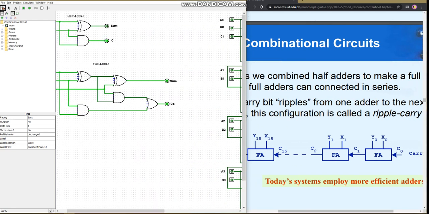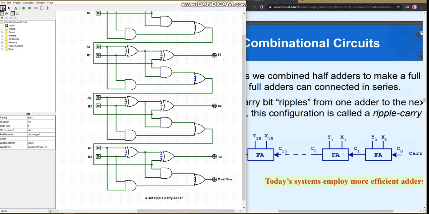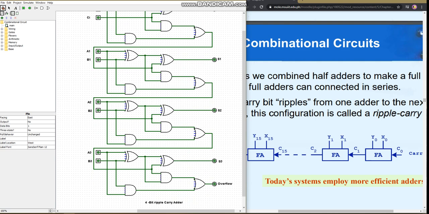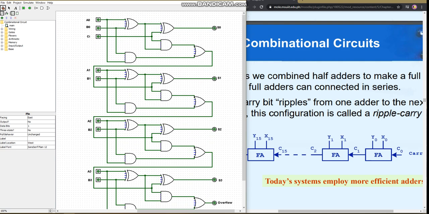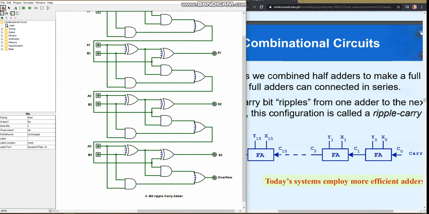That is why we have here one adder, and in this 4-bit ripple carry adder, we have four full adders. The first full adder's carry out bit is being carried in by the second full adder, and the second full adder's carry out is being carried in to the third, and the third carry out bit is being carried in by the highest significant bit.